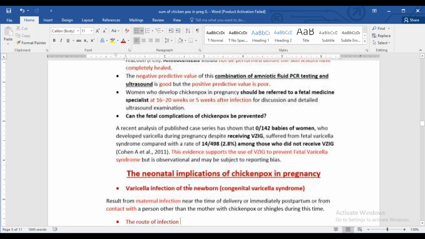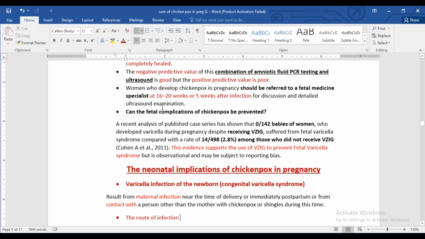Also, one question here: can the fetal complications of chickenpox be prevented? This is a case study you can go through, but the point here is there is evidence supporting that the use of varicella zoster immunoglobulin to prevent fetal varicella syndrome is positive.